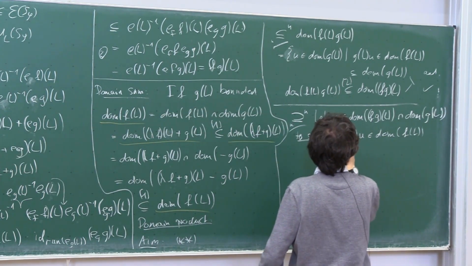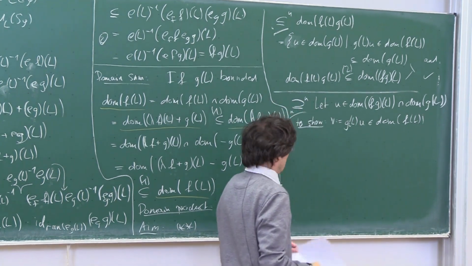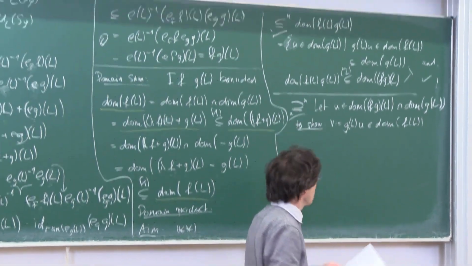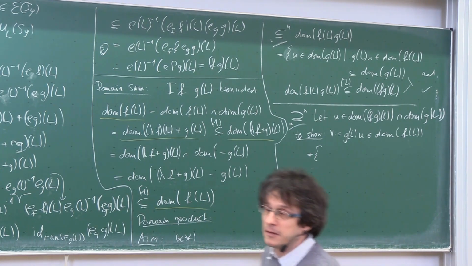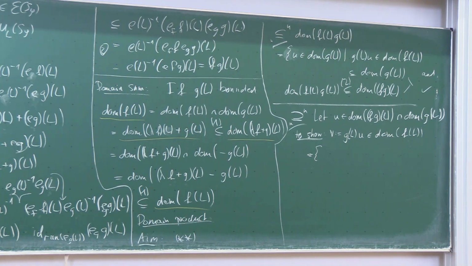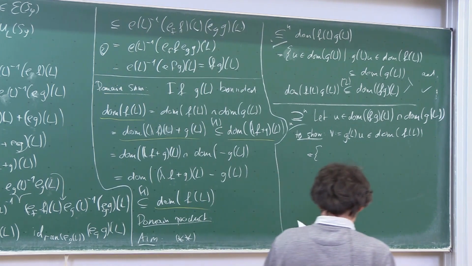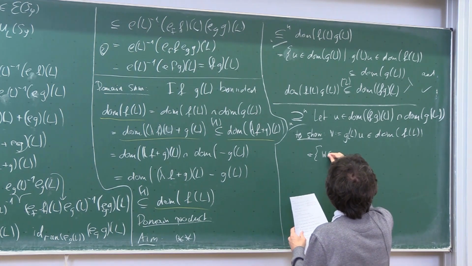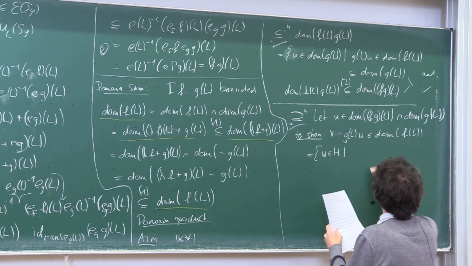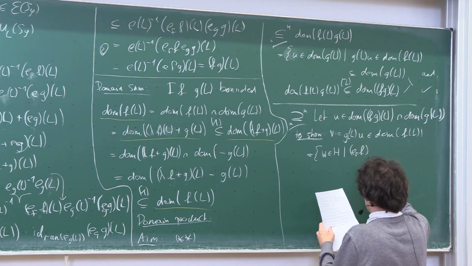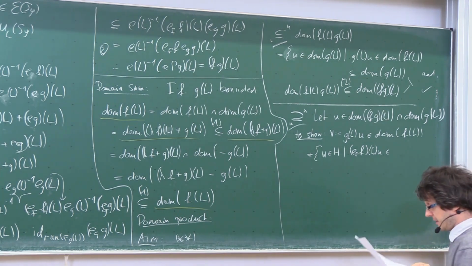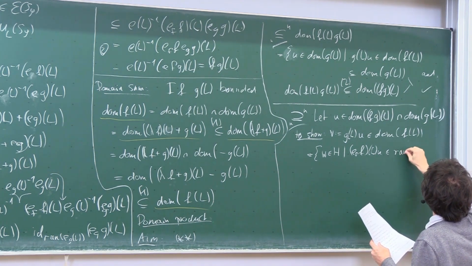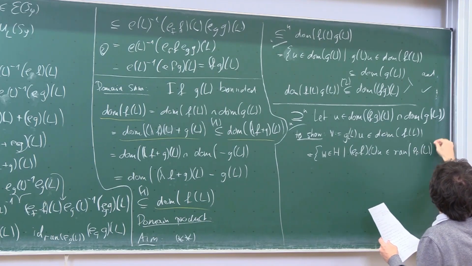And this element G of L u I will call v in what follows. Okay. So what is the domain of f of L? Oh, it should be written somewhere up there. So what is the domain in our extended functional calculus? It's the set of all w in H such that e^{f}(L) applied to w can be put in the inverse e^{f} to the minus 1, so is in the range of e^{f}(L).